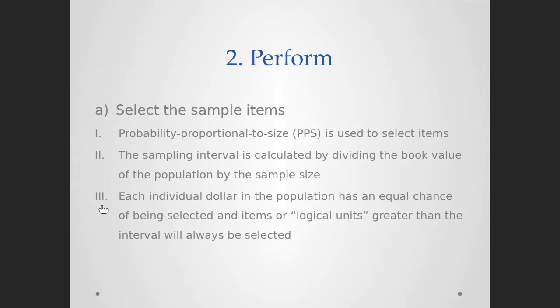So the probability proportional to size sampling method facilitates that all of those numbers that are greater than the sampling interval will be selected. Is this point clear? Are you following? I need you to stay with me because we haven't come to the difficult part yet. Okay?